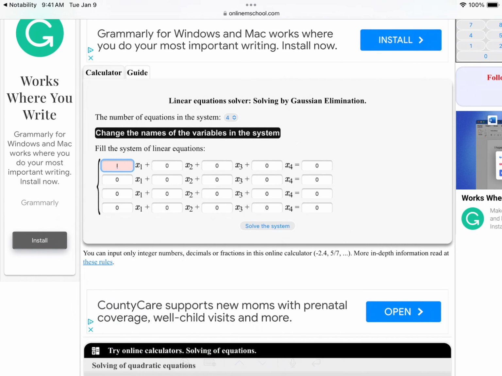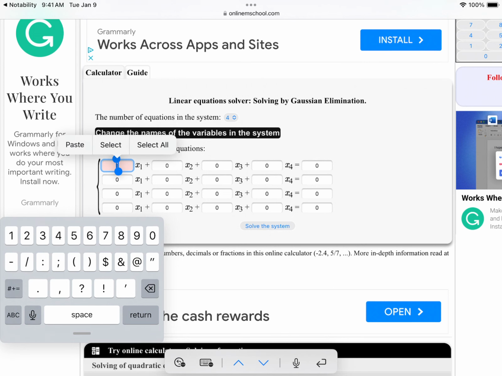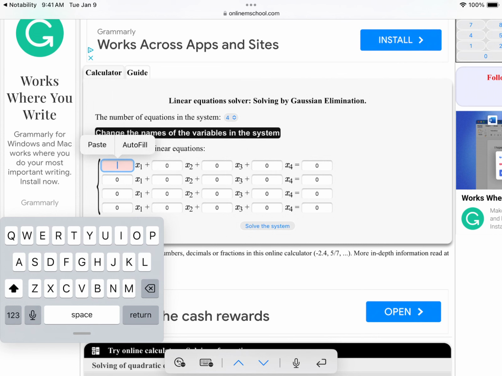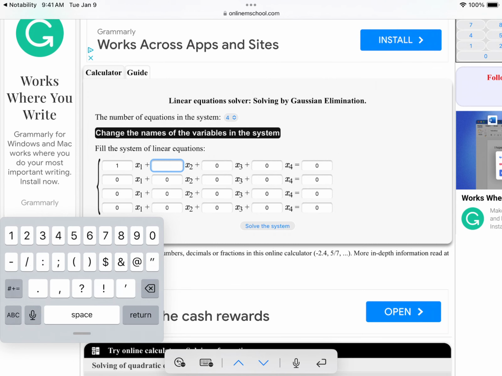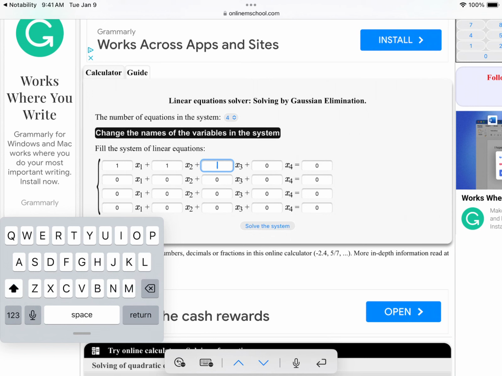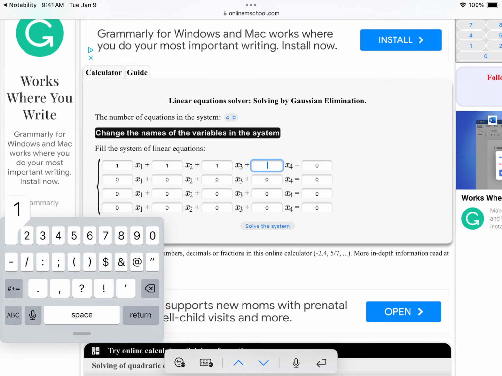Give me the keyboard. All right, I want numbers. Okay, here we go. This is supposed to be a 1. This is supposed to be a 1. This is supposed to be a 1.